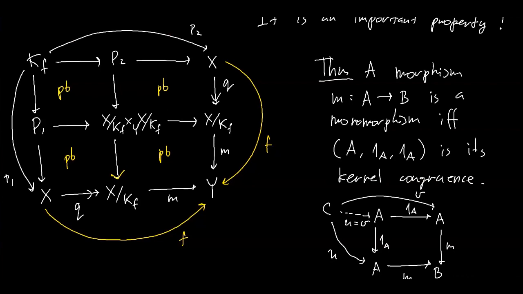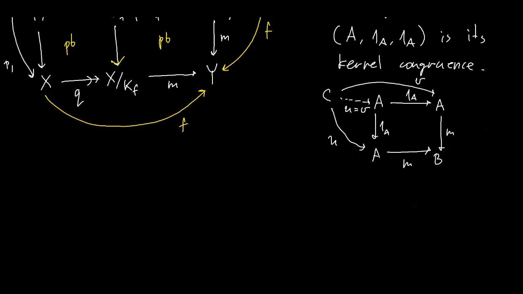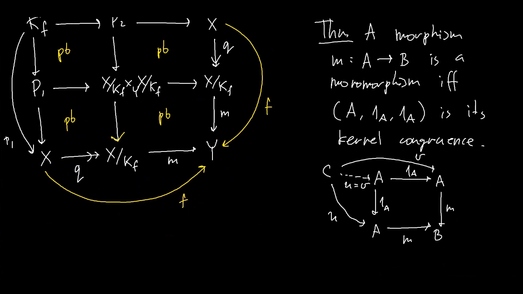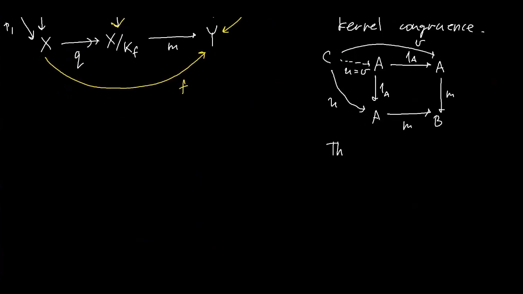So, yet another equivalent formulation of being a monomorphism. Imagine you've got your morphism M such that the kernel relation, the kernel congruence, has both projections equal to each other. So there is this K, and you've got, let's say, R and R. To say that something like this is a pullback is equivalent to what?